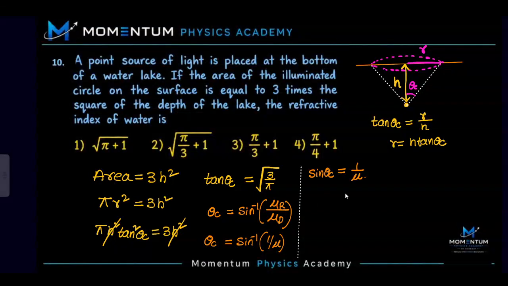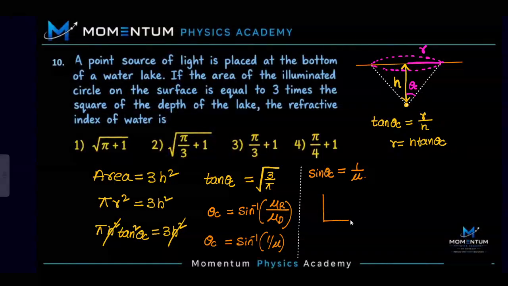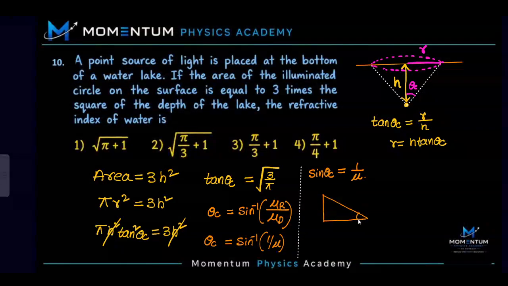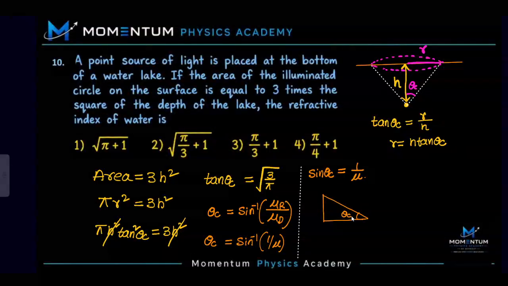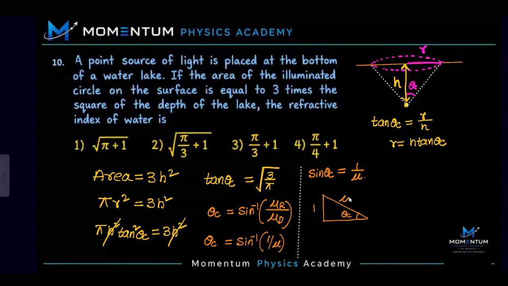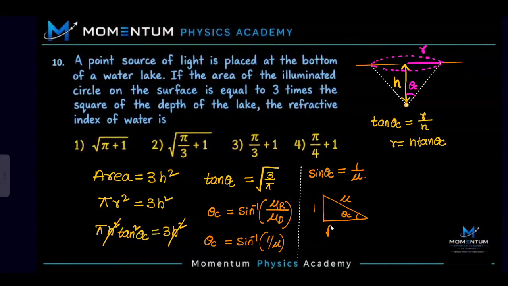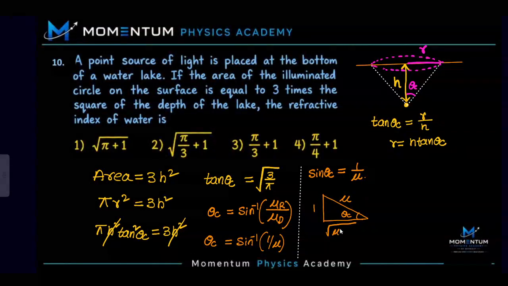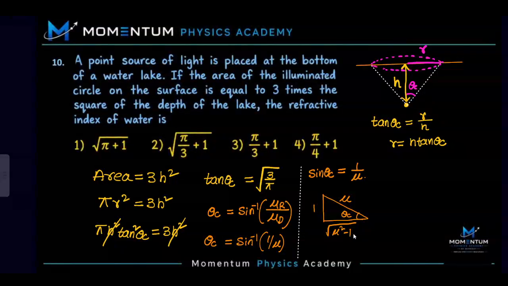We have sine theta. From this, can I get the tan theta from the triangle property? This angle is theta C. Sine means opposite by hypotenuse, so the remaining side is square root of mu square minus 1.